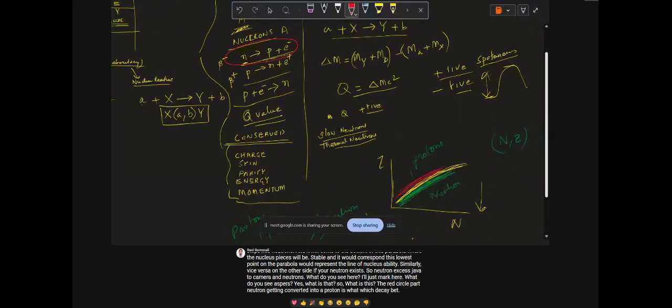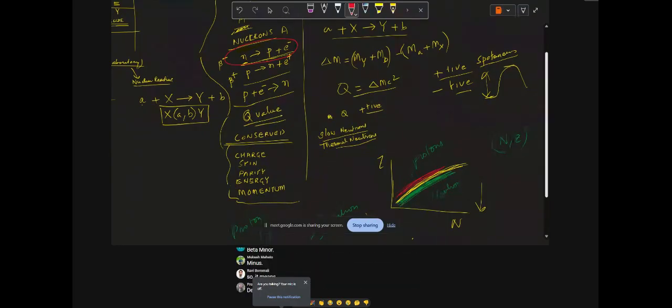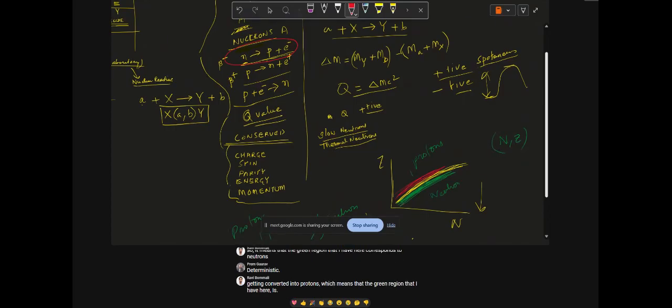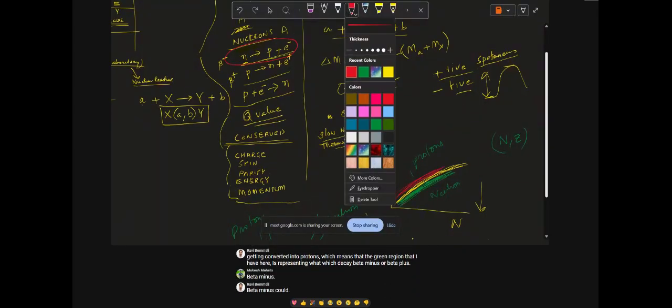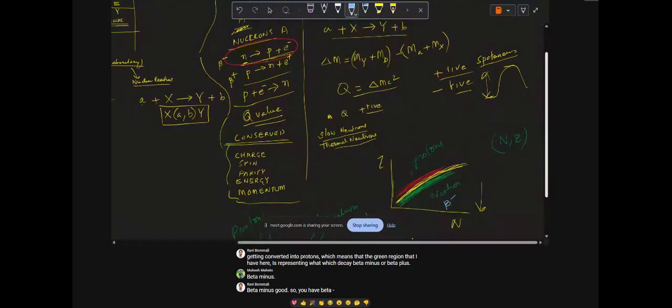Which decay? Beta plus or beta minus? Beta minus. So it means that the green region that I have here corresponds to neutrons getting converted into protons, which means the green region is representing what? Which decay? Beta minus. Good. So you have beta minus decay here and you have beta plus decay here.